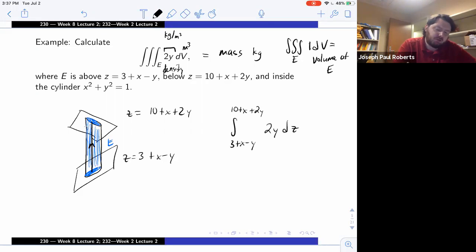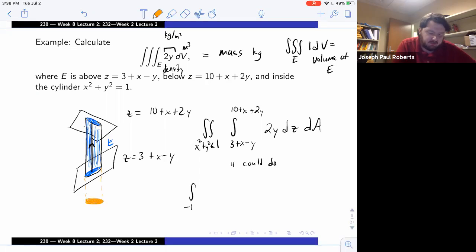And the reason I picked this example is that if you want to, you can fully set up the xyz triple integrals. So for example, x goes, be careful, this is a disk, right? The fact that we're inside the cylinder tells us that the shadow in the xy plane is this unit disk.